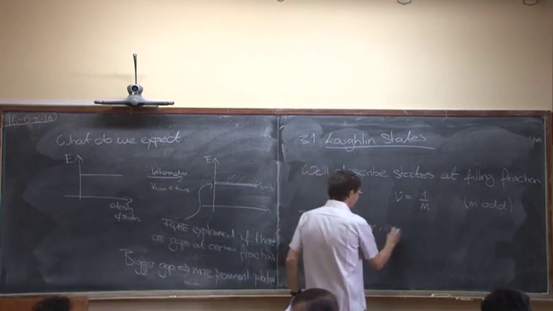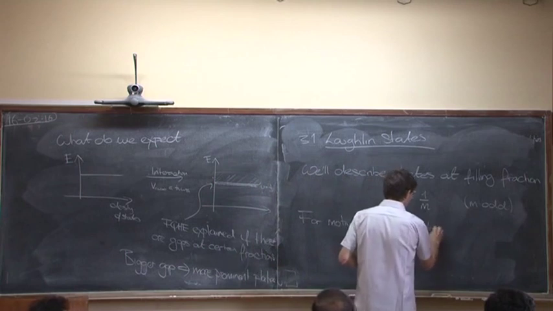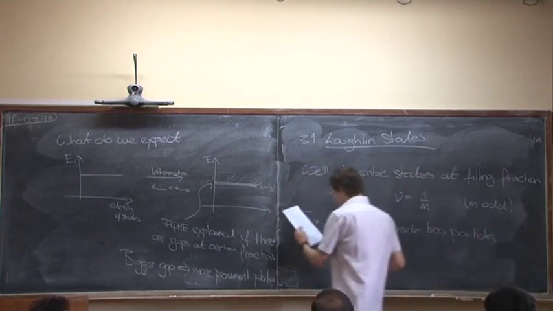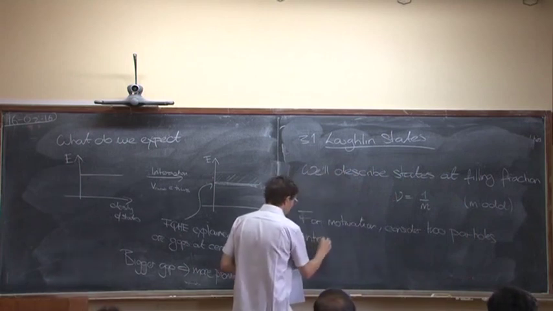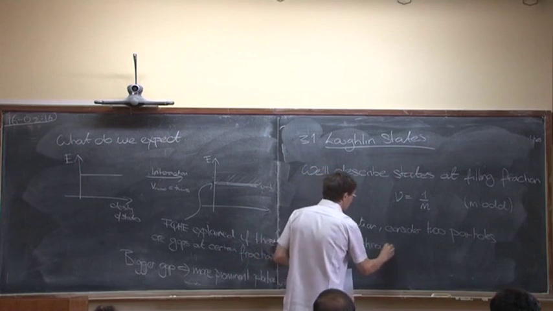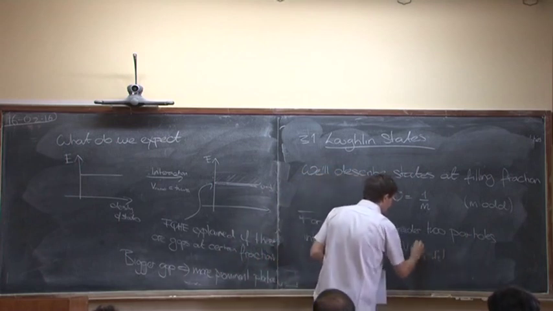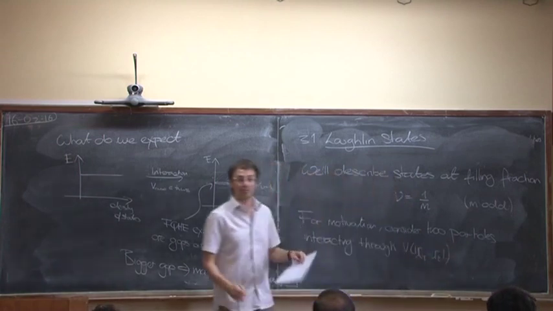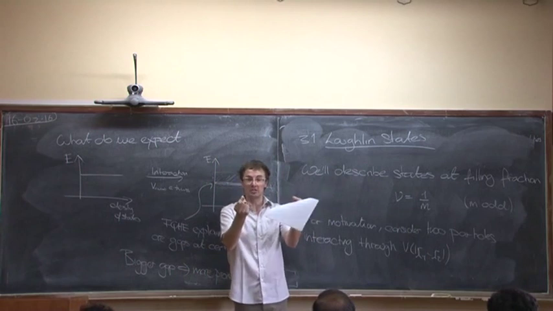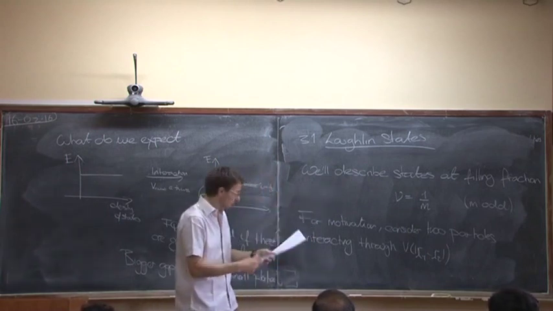So the motivation. Consider 2 particles interacting through any central potential. So a central potential, remember, is a potential where the force depends only on the distance between the particles and is in the direction from one particle to another.